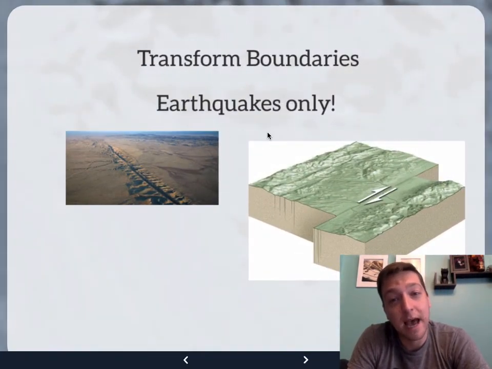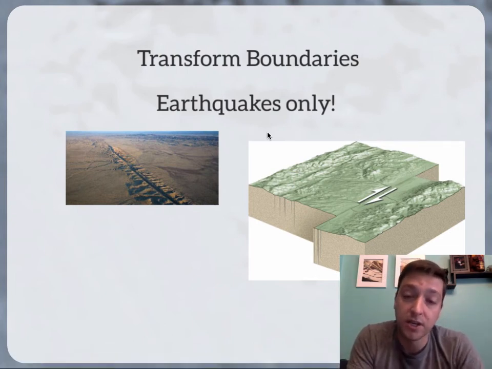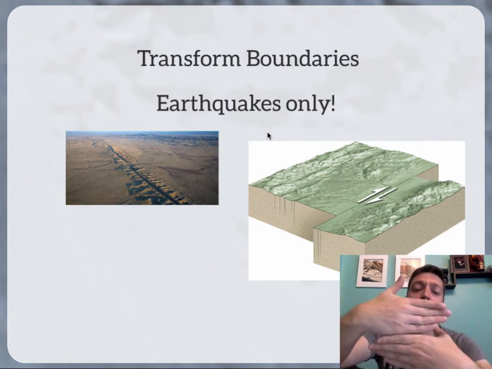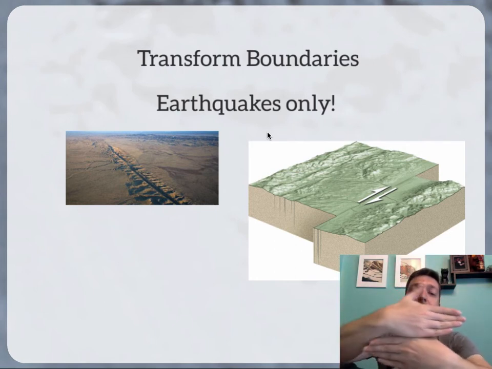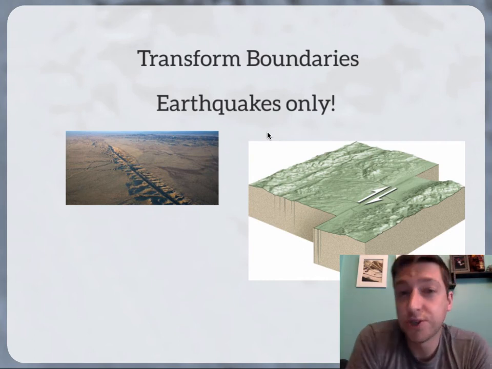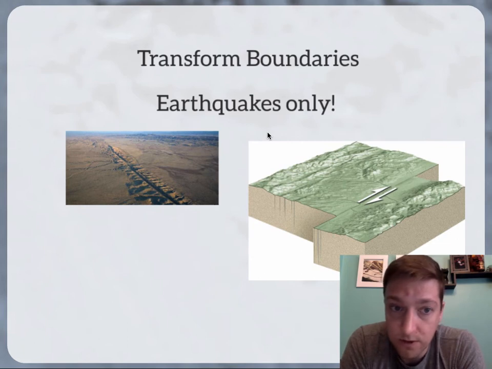Again, earthquakes happen at all types of boundaries: convergent, divergent, and finally transform boundaries. So transform boundaries, when you have two tectonic plates grinding side to side, moving in opposite directions, you don't have volcanoes. You don't really have mountains.